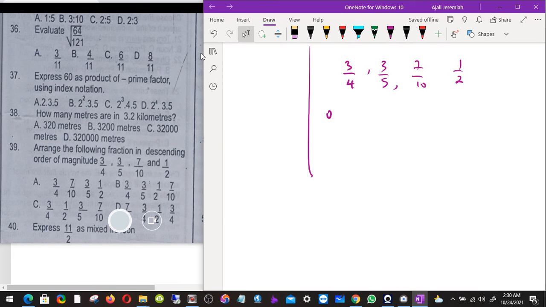This over this is 0.75. This over this is 0.6. This over this is 0.7, and this over this is 0.5. So in descending order from the highest here is this, representing 3/4. The next is this, representing 7/10.